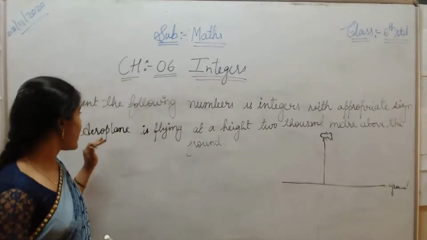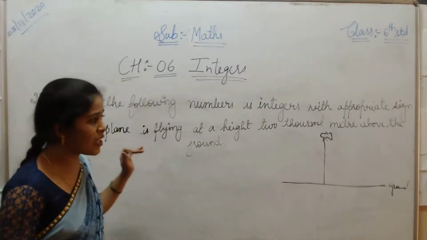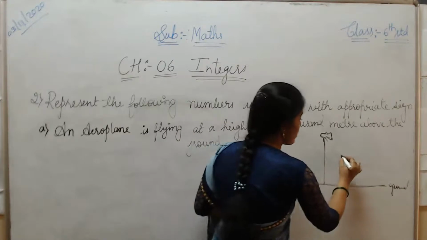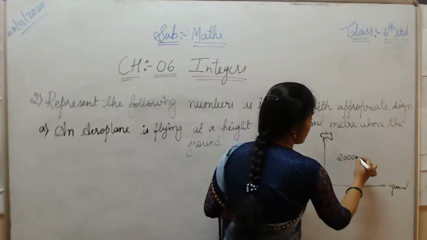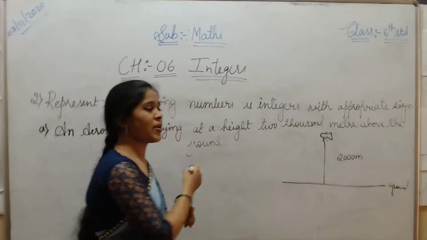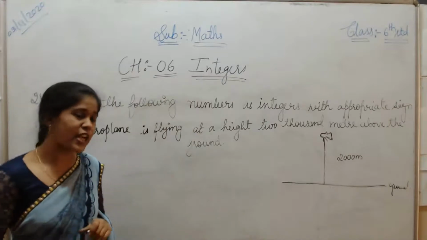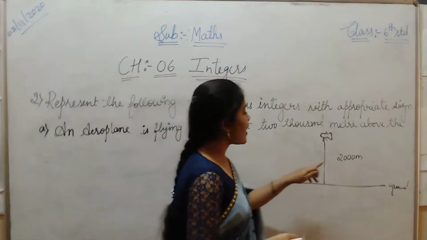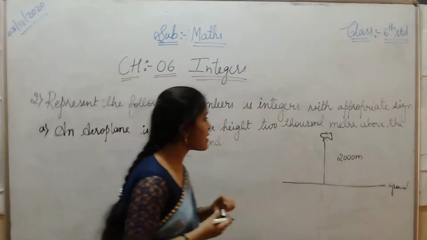The aeroplane is flying at a height of 2000 meter. We have to convert the statement to a number. And see here, what does the statement say?